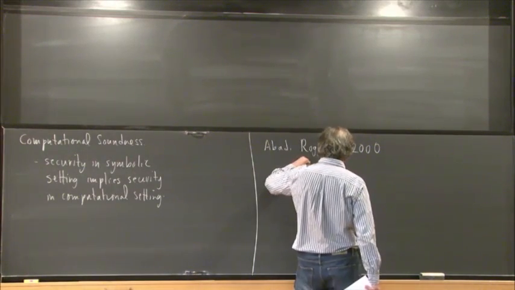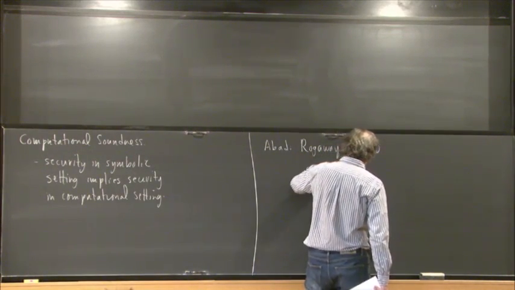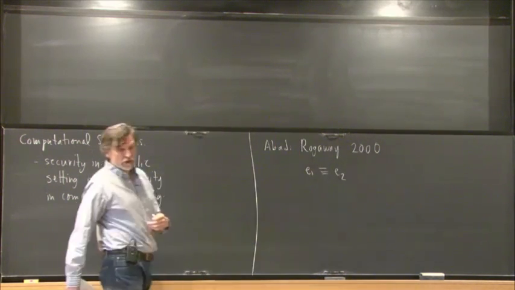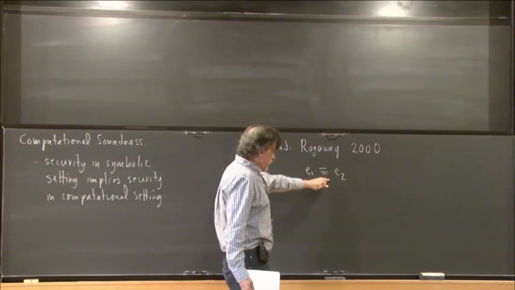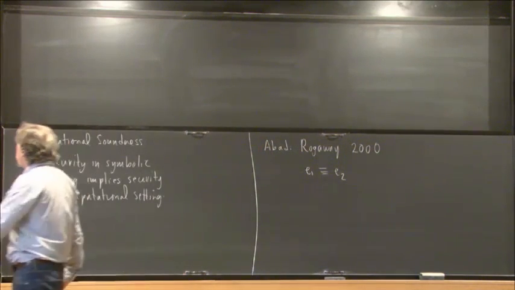In the symbolic setting, they have a notion of what it means for two expressions that may involve sub-expressions with these kinds of encryptions to be equivalent. And equivalence here means something like this.